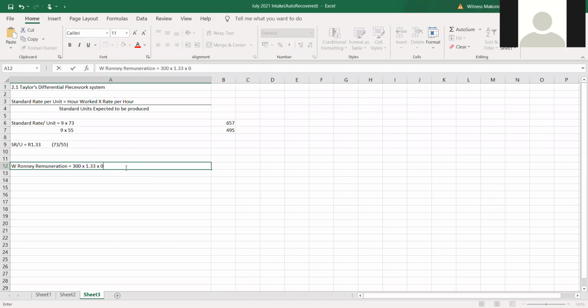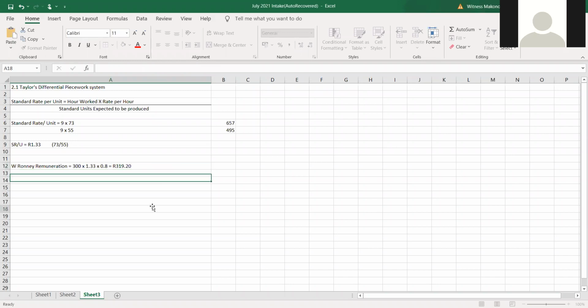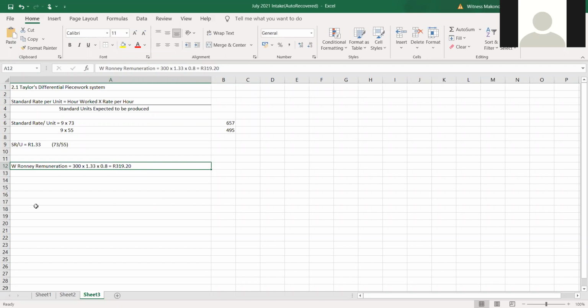Under production. So you multiply that by 0.8, because it is 80% of the piecework rate if it's below standard. So 300 times 1.33 is 399 rand, times 0.8 gives 319 rand 20 cents. That's Wayne Rooney's remuneration.